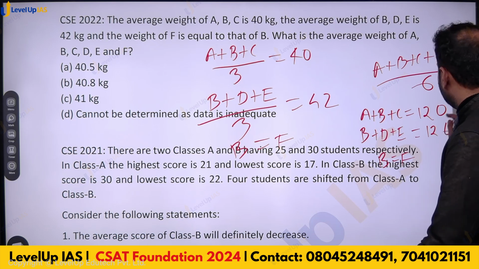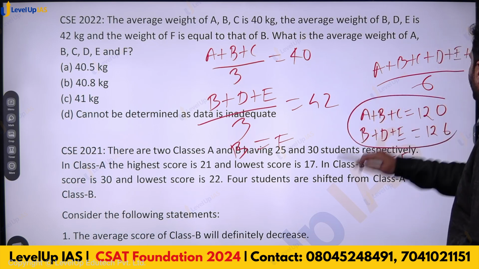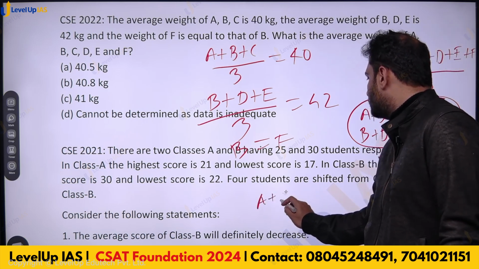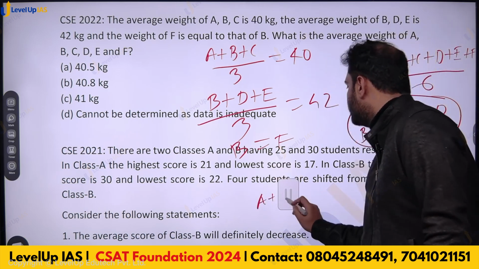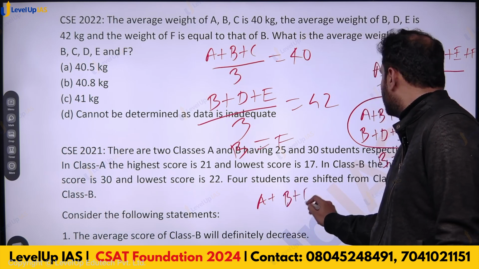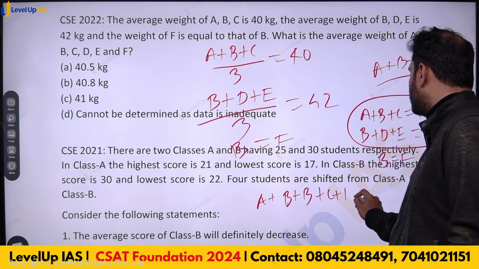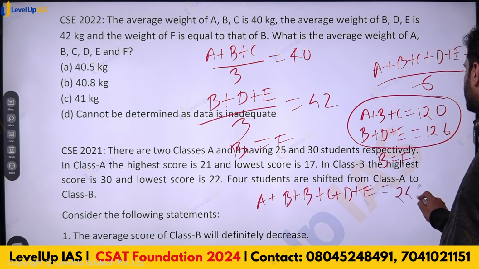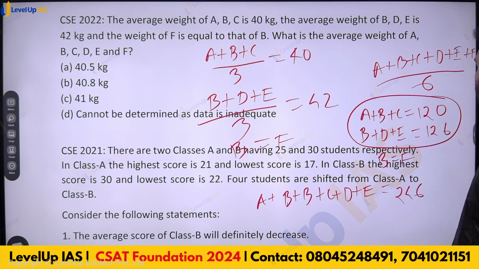Now note that if we add these two, what do we get? A plus B plus B plus C plus D plus E is equal to 120 plus 126, which is 246, right?